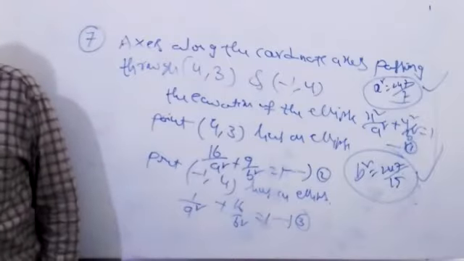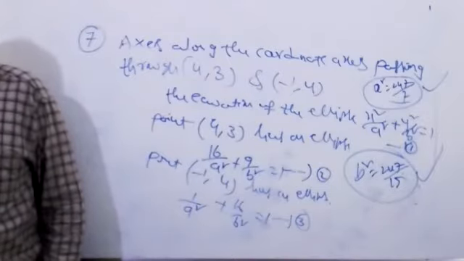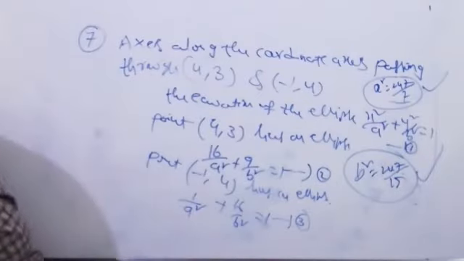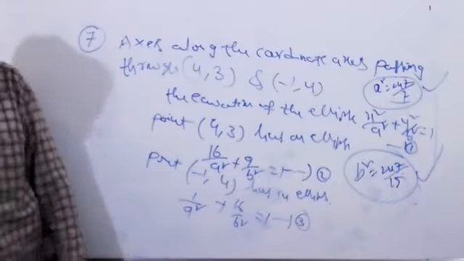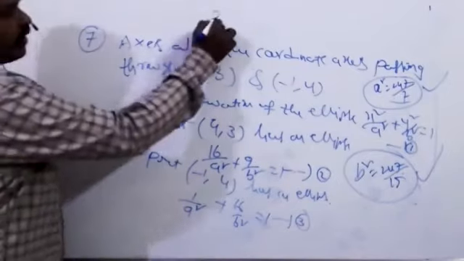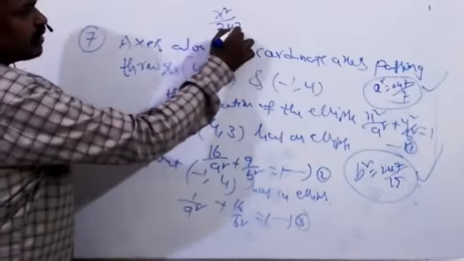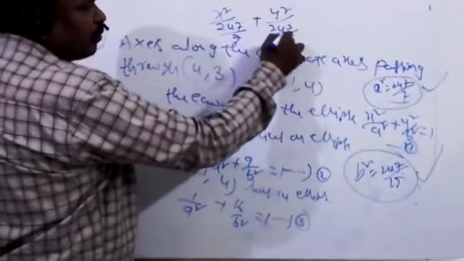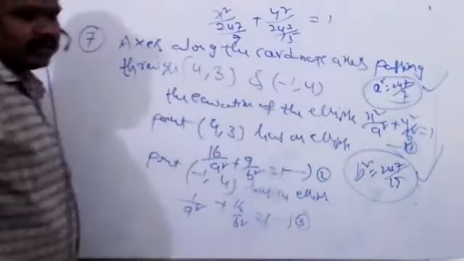All of you done? Yes, sir, done. Sir, what's the final equation for the ellipse? X square upon 247 upon 7 plus y square upon 247 upon 15 is equal to 1.